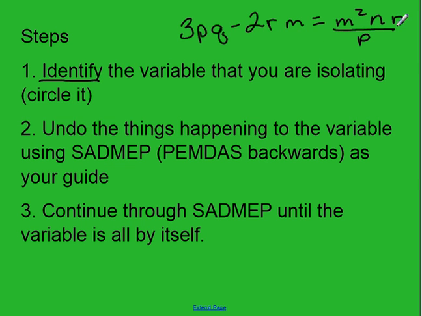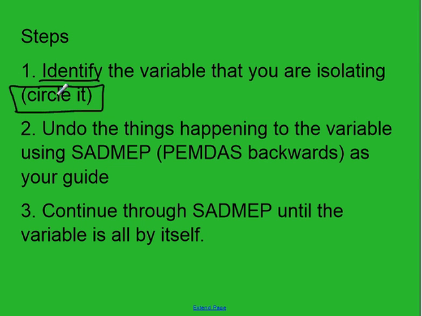If you don't know which of these variables you are supposed to be isolating, it's going to be almost impossible for you to actually solve the problem. So we are going to identify the variable, and I require that you circle the variable you are isolating.